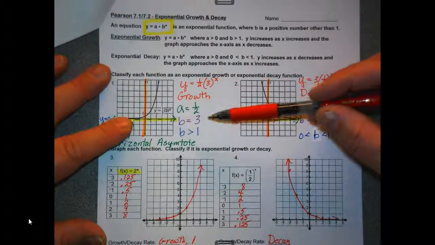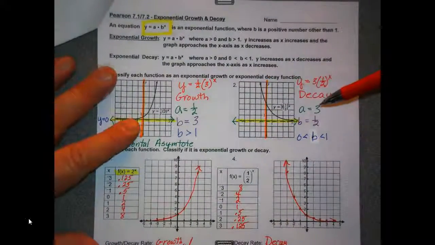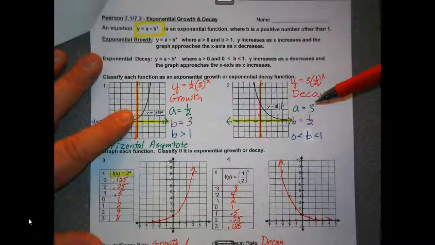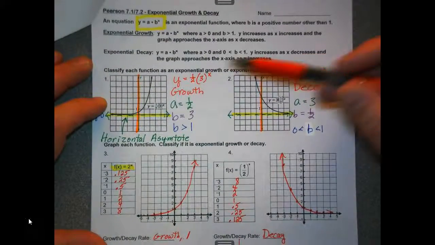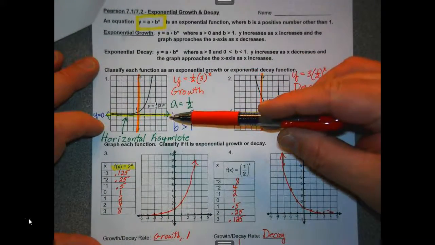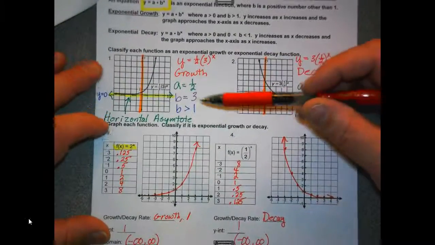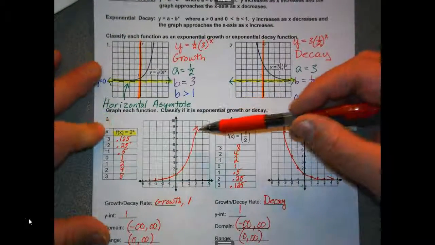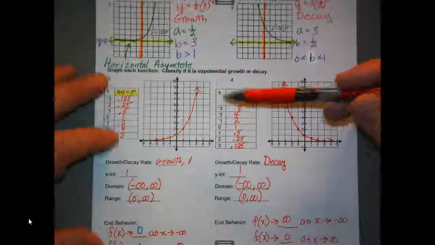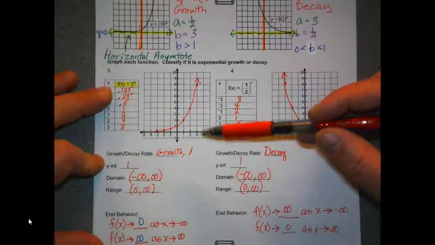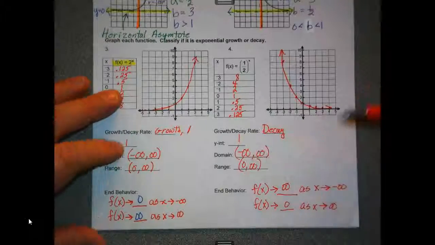A or B has to be bigger than 1. And exponential decay, B has to be a fraction between 0 and 1. We talked about the horizontal asymptote. We did quite a few example problems where we found the y-intercepts, domain, range, and then the end behaviors.